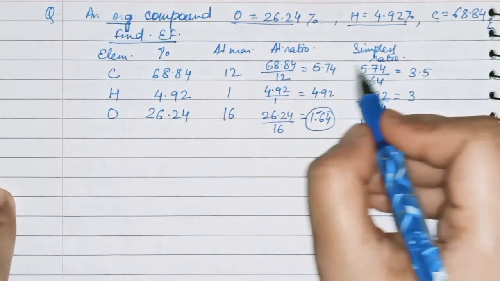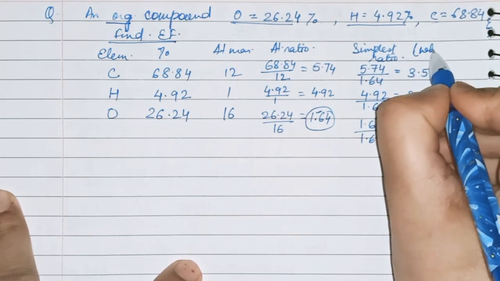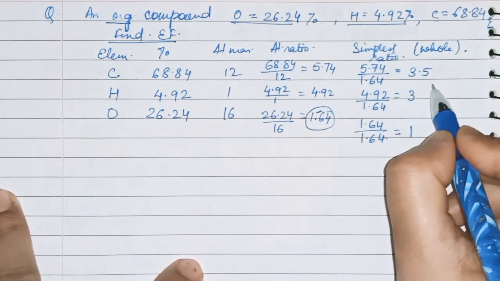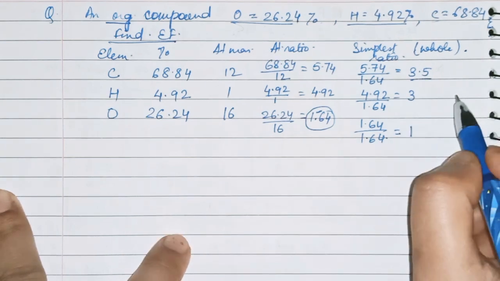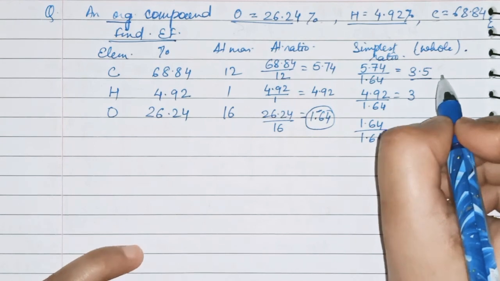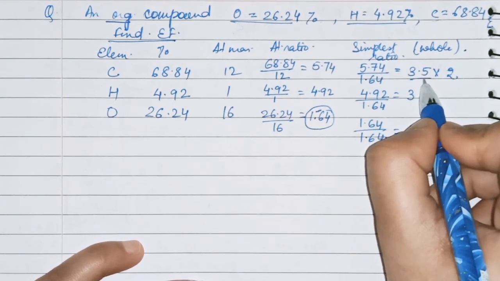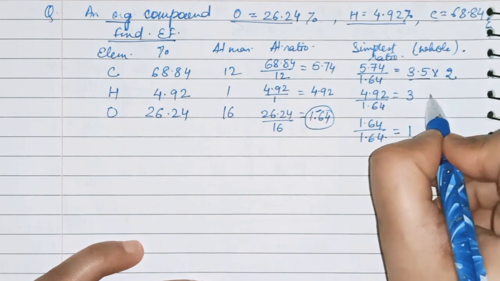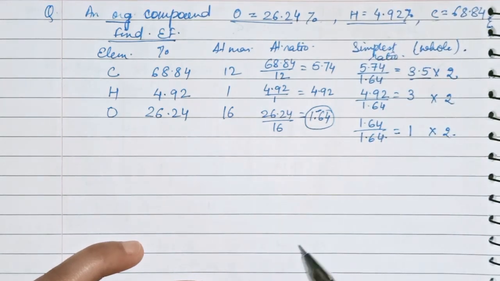Now children, this simplest ratio must be a whole number ratio. Here it is 3.5, that is not a whole number. So you have to make this a whole number. You can do this by multiplying by 2. If you are multiplying this by 2, you have to multiply all other numbers also by the same number, that is 2.